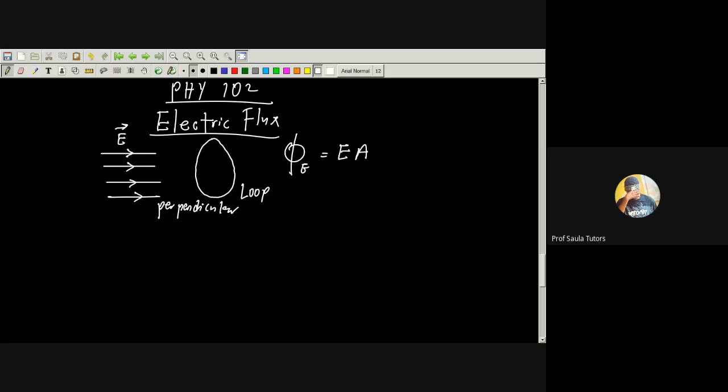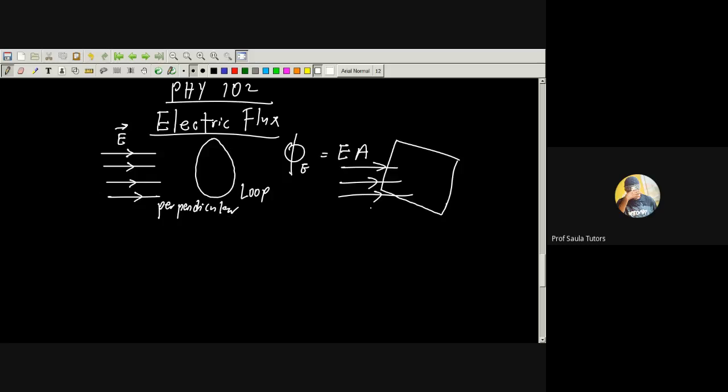So if I say electric flux, what am I trying to say? I'm talking about the amount of field lines entering this loop. It might not be a circular loop, it might be a rectangular loop like this, there's no problem. So if I'm asking how many field lines are entering this loop, that's when I talk about electric flux.